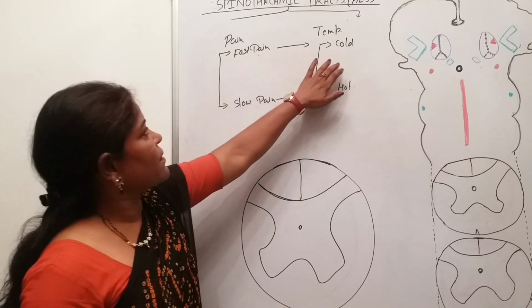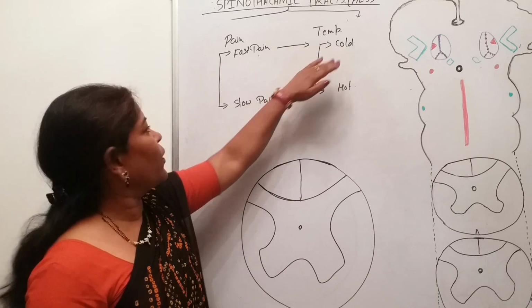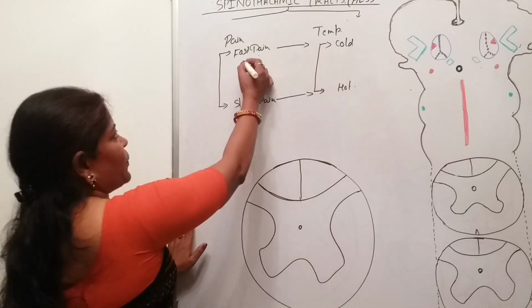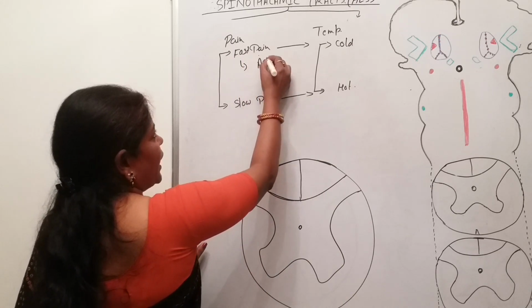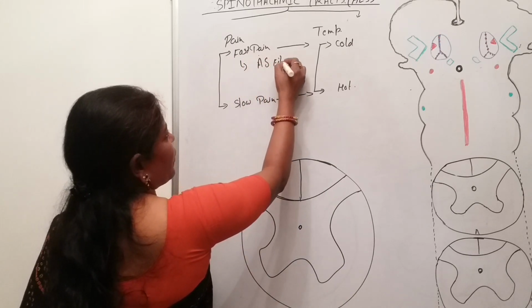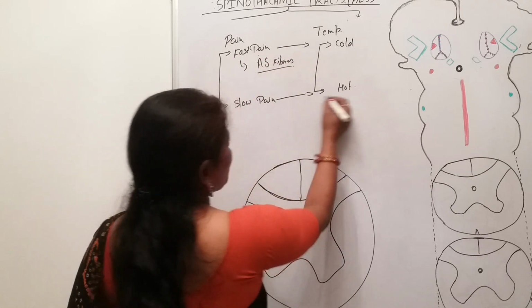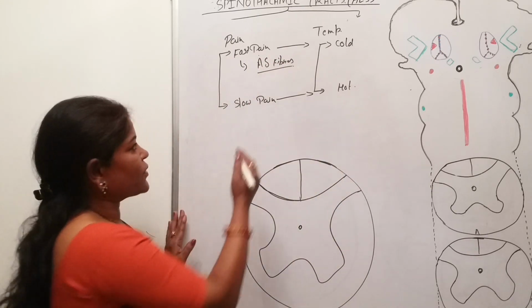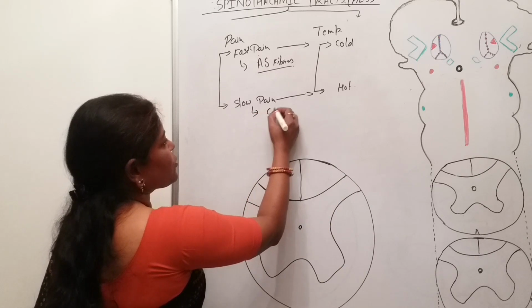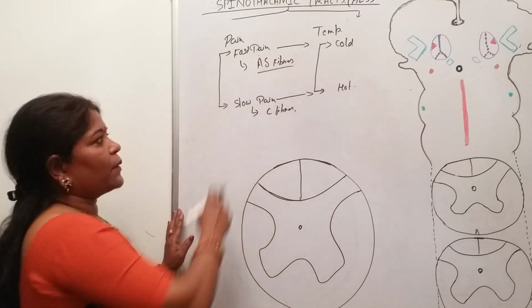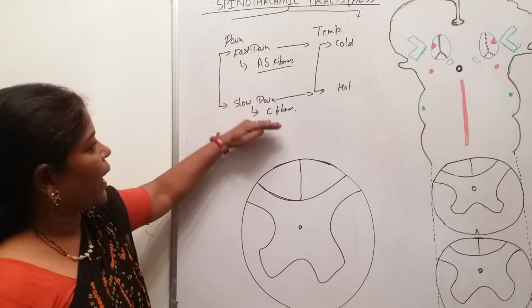Fast pain along with cold, slow pain along with hot sensation. Fast pain chooses the A delta fibers for transmission, and slow pain along with the hot sensation will choose the C fibers. So both fibers are different, the A delta and the C.